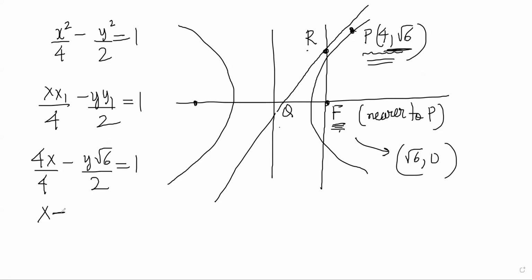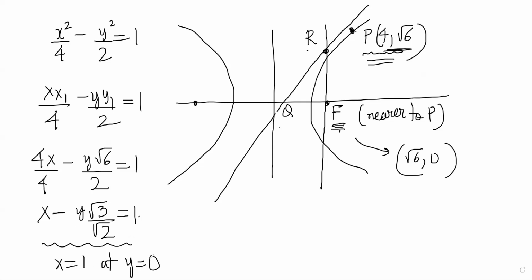So you're getting x minus y root 3 by root 2 equals 1. This is the equation of my tangent, and it meets the x-axis when y is equal to 0. So x value is equal to 1 at y equal to 0. So this point is 1 comma 0, where it meets the x-axis, right?